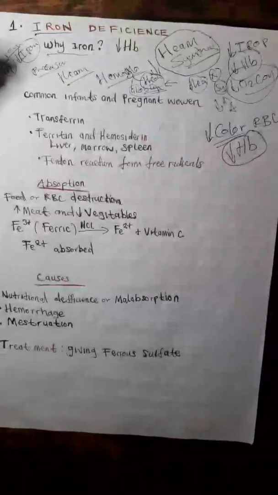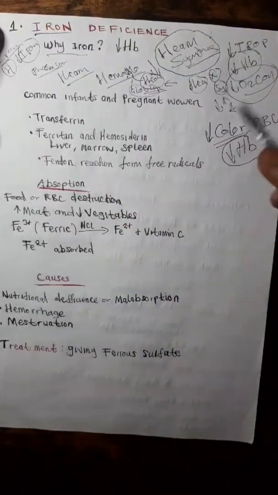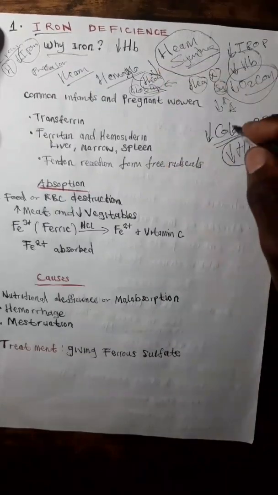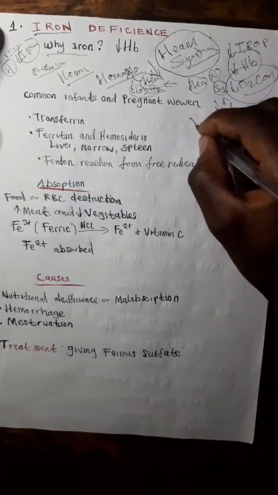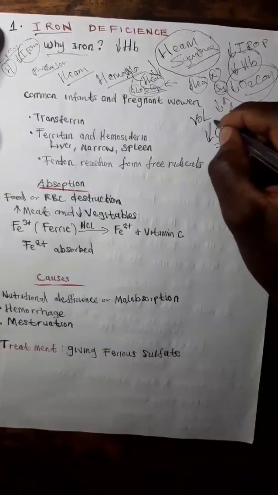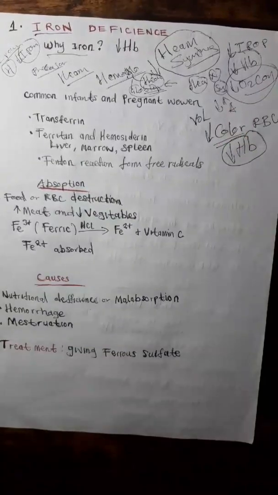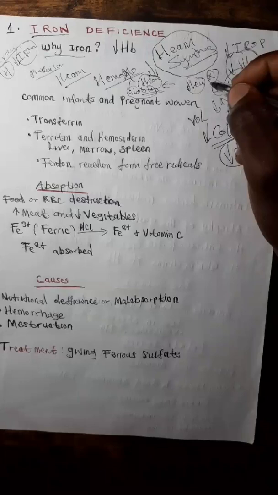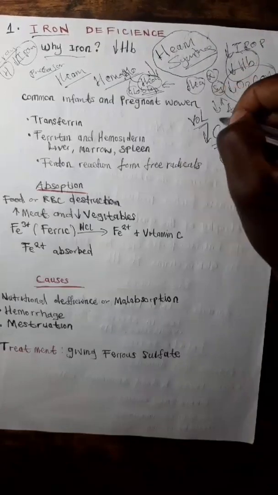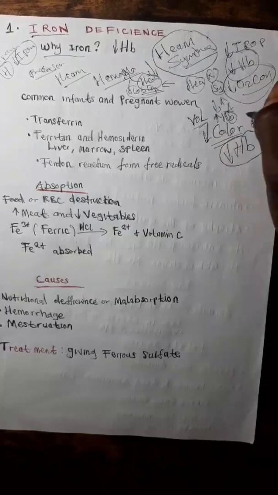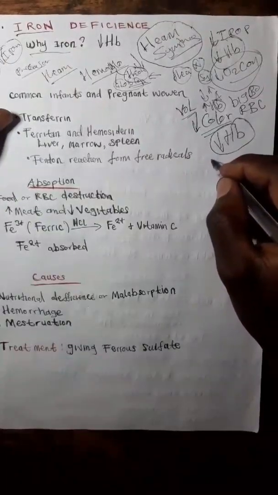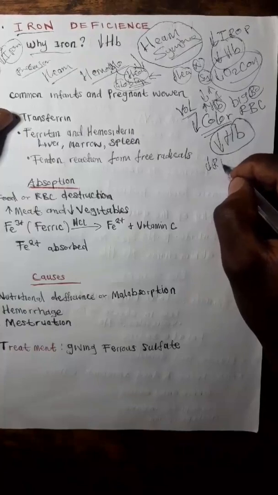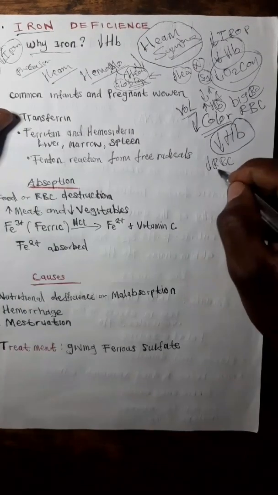Second, we have small heme. The hemoglobin also contributes in giving the volume of red blood cells. So meaning too much hemoglobin, very big red blood cells. But if the hemoglobin is too little, it means that even the red blood cell size will be very small.